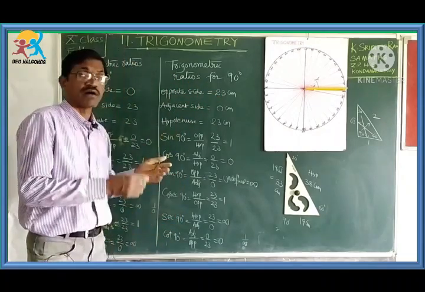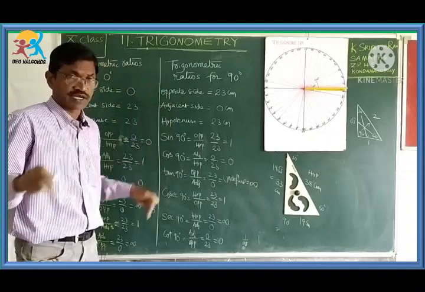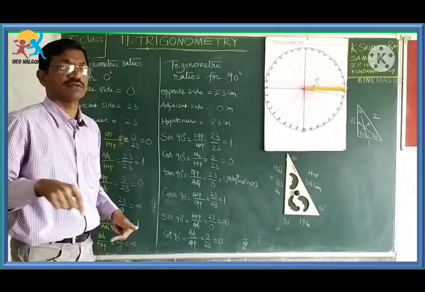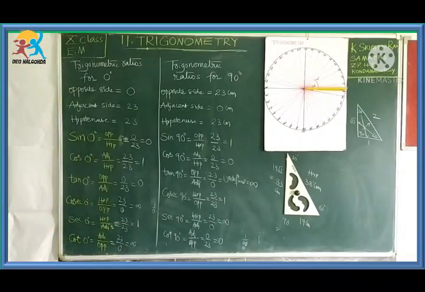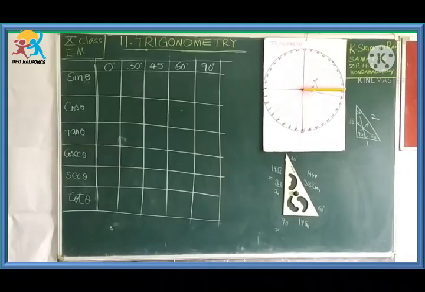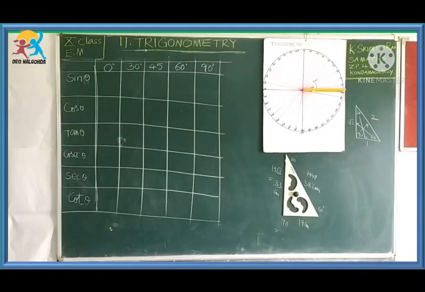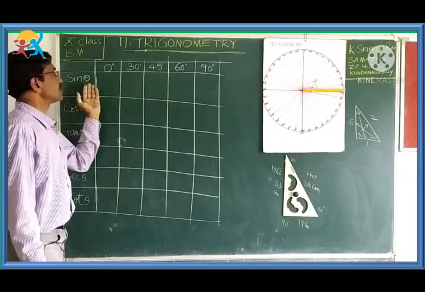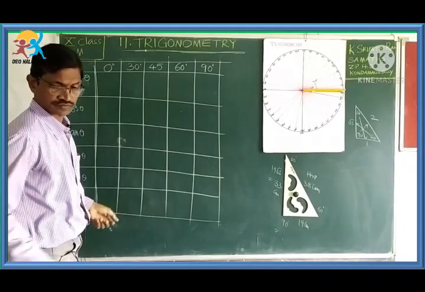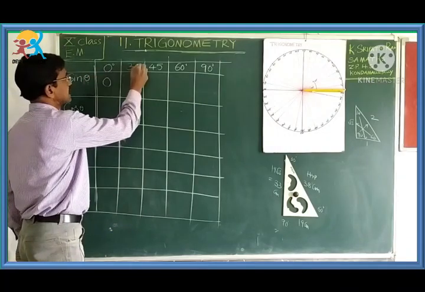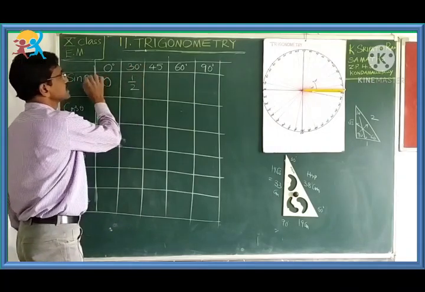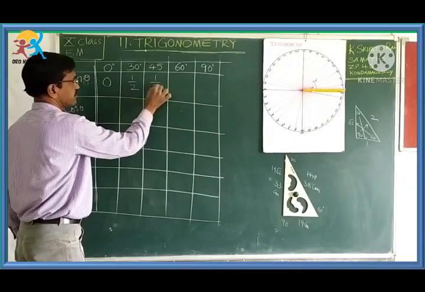Now let us write all these ratios in a table to understand them properly. Now let us write the values here. Sin 0 is 0, sin 30 is 1 by 2, sin 45 is 1 by root 2.